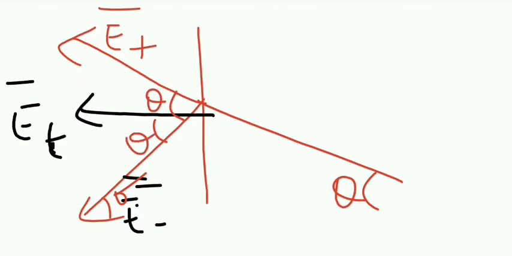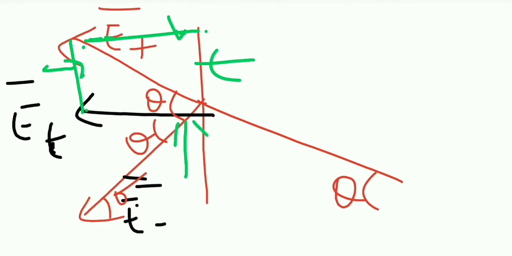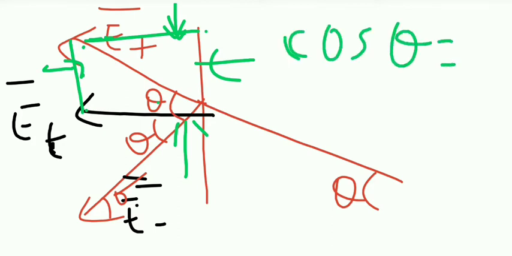Now, what we have to do? We know that this side and this side will be equal. This green side and this green side will be equal, and this side and this side will be equal. So this is theta. Let us find cos theta. Cos theta is equal to, here let us assume this black distance is x.